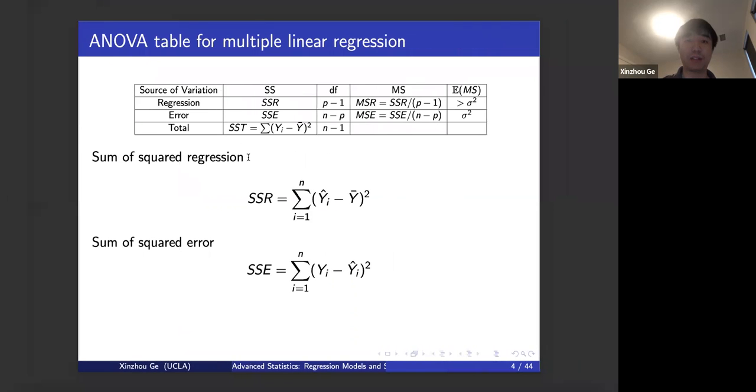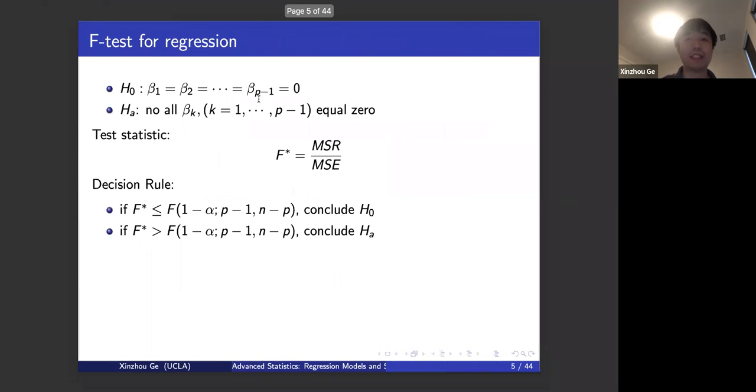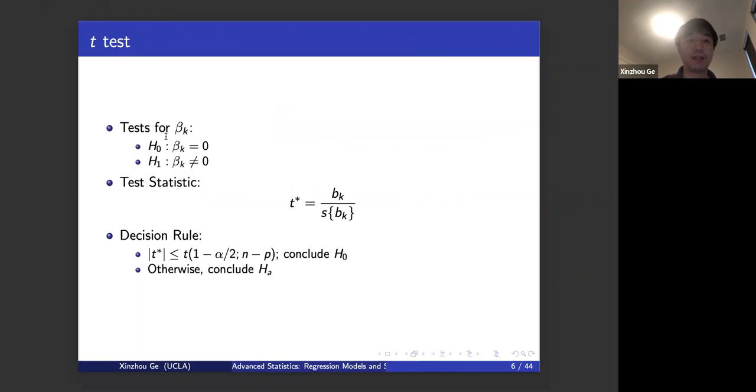So if we go back to the formula, we'll see that the test for beta k is whether this beta k is equal to 0 or not. The null hypothesis is that beta k equals 0, and the alternative hypothesis is that beta k is not equal to 0.